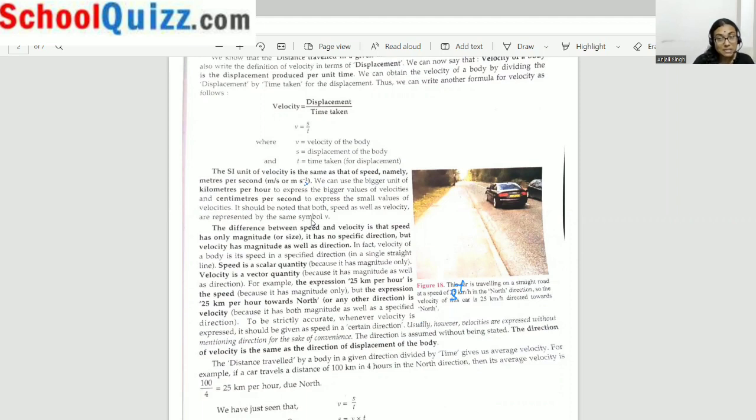If displacement is a vector quantity, then definitely velocity will also be a vector quantity. I want to write it, then only you'll see. Speed is a scalar quantity. Velocity is a vector quantity.